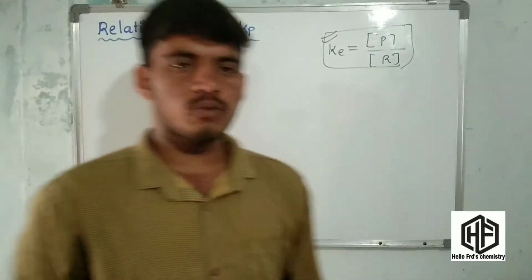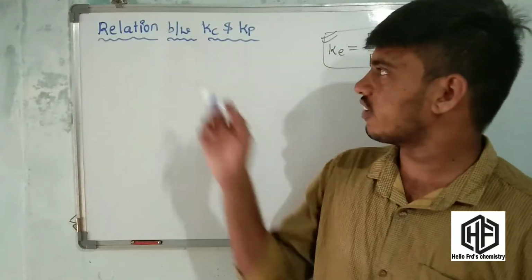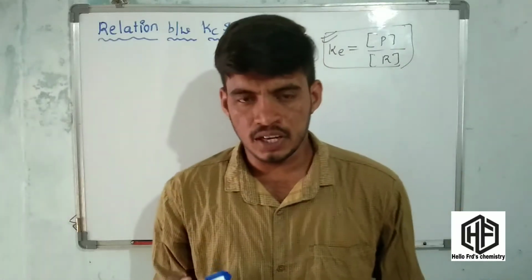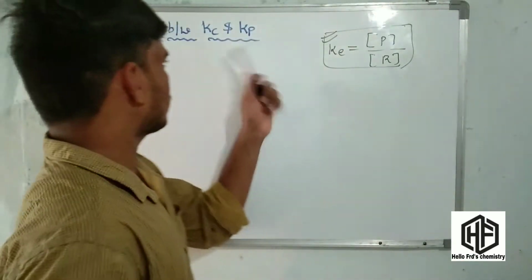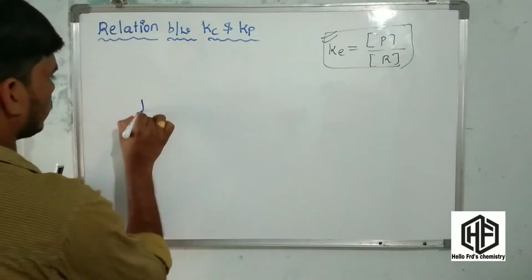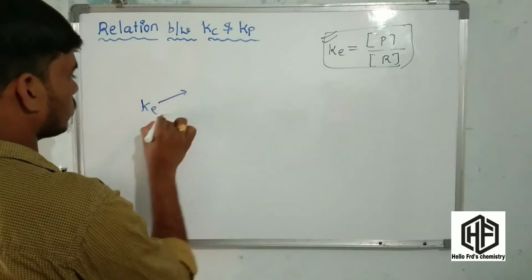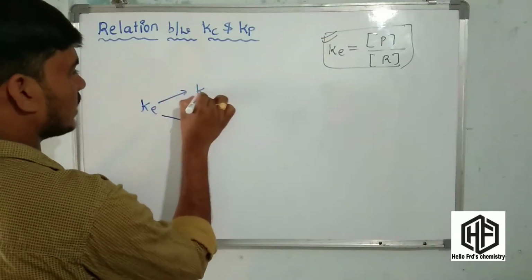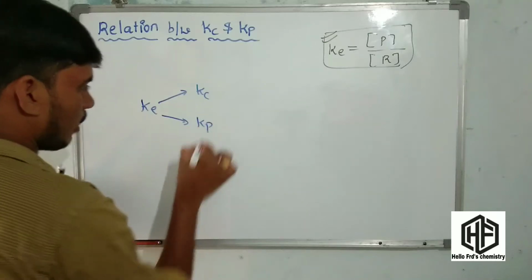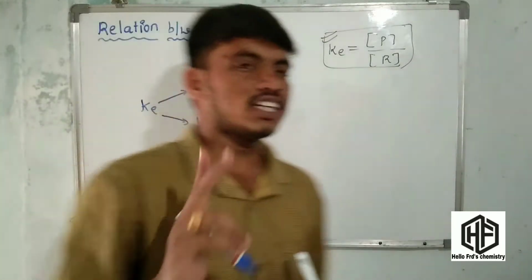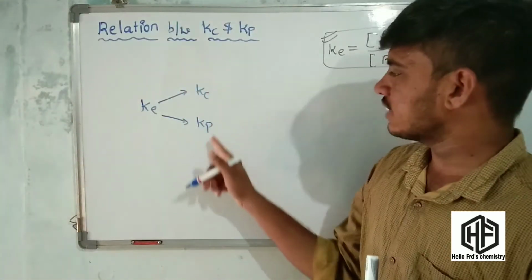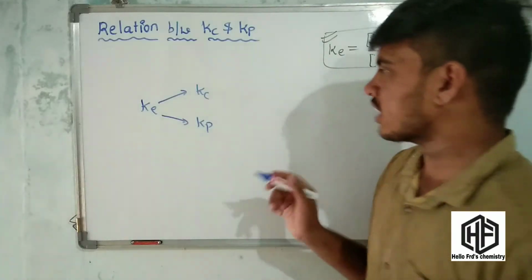But in this video I am going to talk about the relation between Kc and Kp. First of all, you should know what Kp and Kc are. The equilibrium constant K is of two types: one is Kc and the other is Kp. What is Kc?